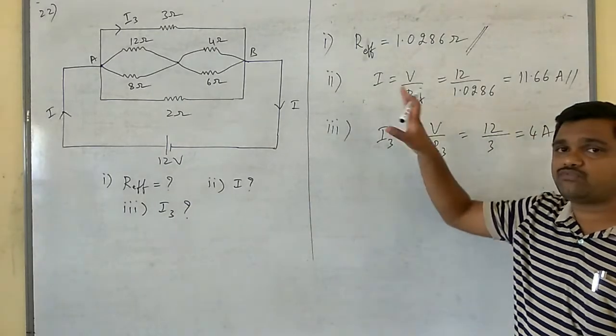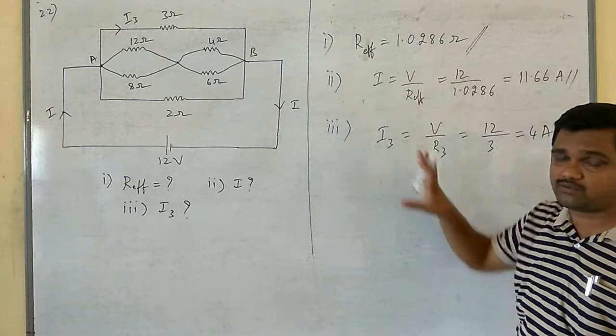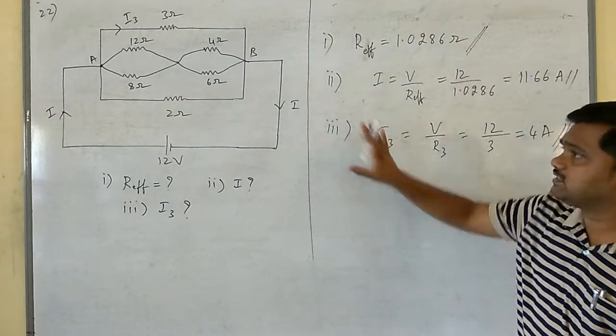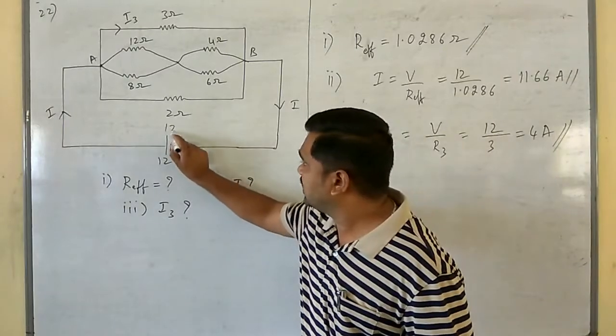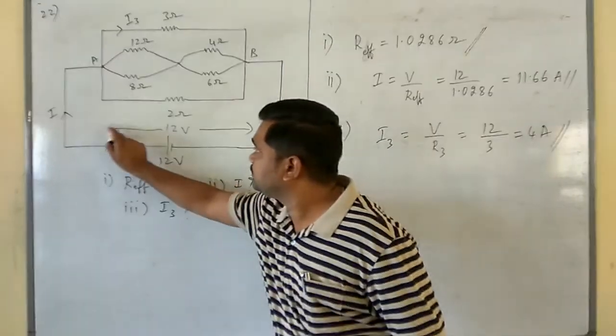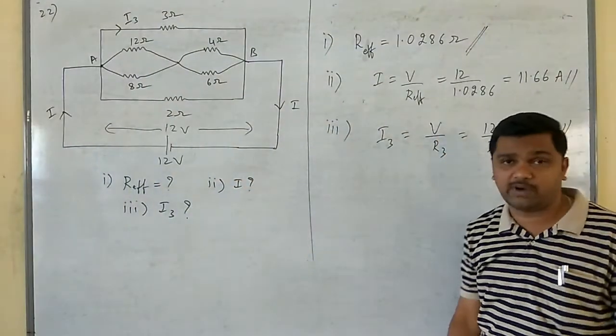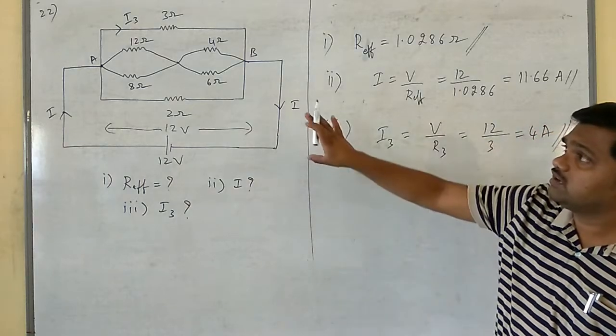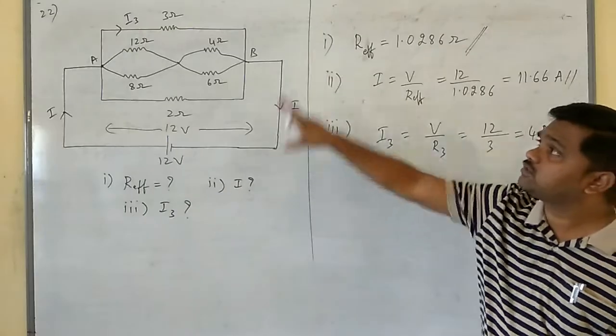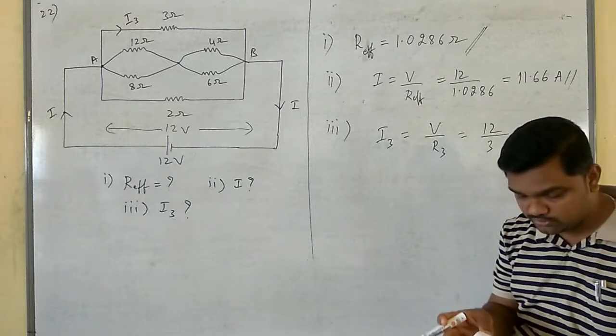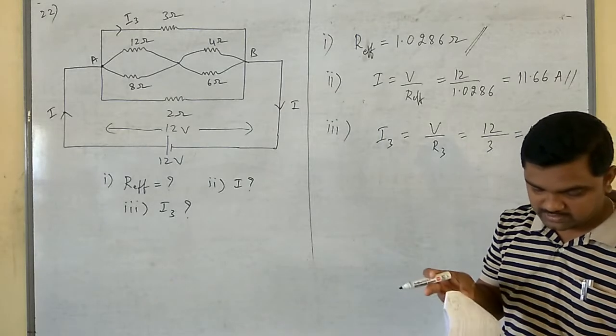Okay, here no need to go for I3 is equal to IR2 divided by R1 plus R2 and all. Okay, it is clear that the same 12 volt will come across this combination between 2 points A and B. Therefore, to find the I3, 12 divided by 3, which gives you 4 ampere. Next.